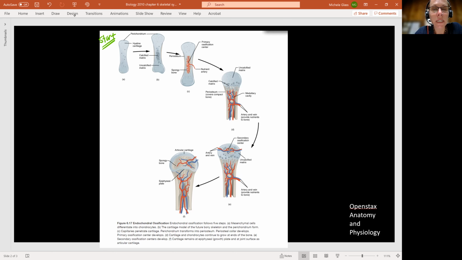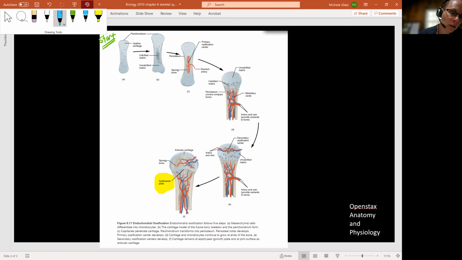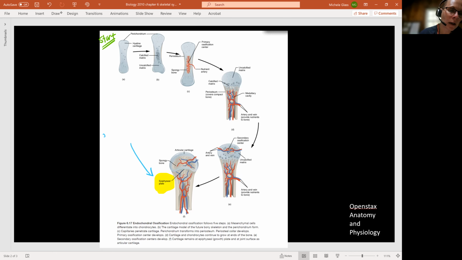That bone is continuing to elongate by forming cartilage that's then converted to bone. All of that elongation is happening at the epiphyseal plate. Epiphyseal plate is another term for epiphyseal cartilage.